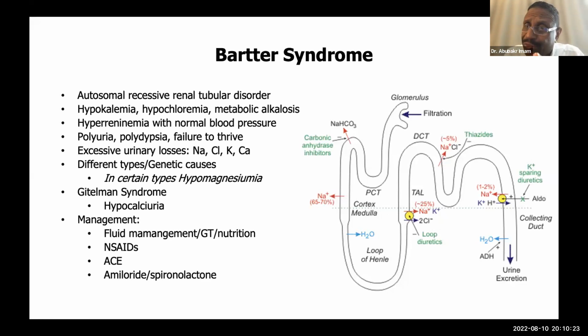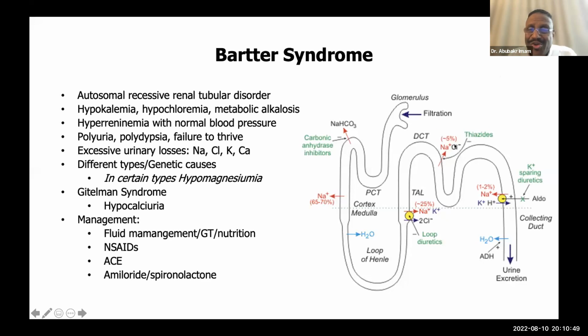Now, for those who answered Gitelman syndrome, it absolutely can be right. However, usually Gitelman presents a little bit later in life. I want to make it clear to you, the defect in Gitelman syndrome is down here in the thiazide area.